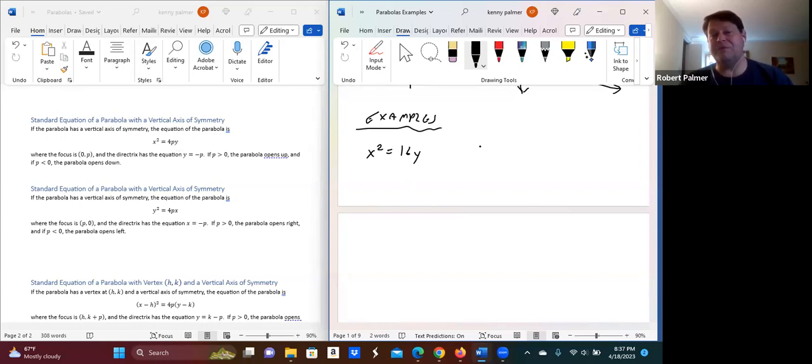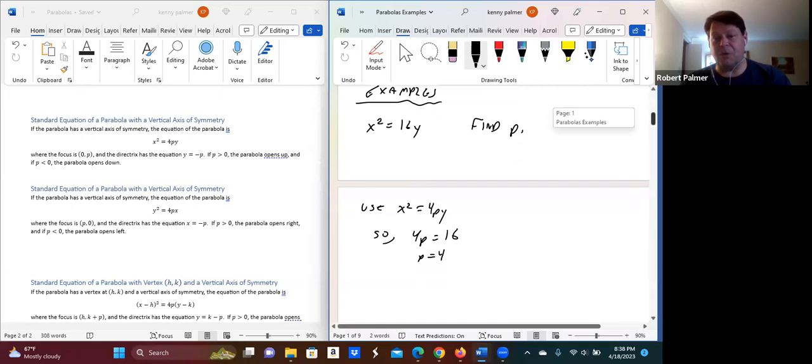What we want to do is find p. That's going to be the key to finding the focus and the directrix. We're going to use the equation x squared is equal to 4py. So 4p has to equal 16. Everything is the same between these two except 16 and 4p. So that means p is equal to 4.